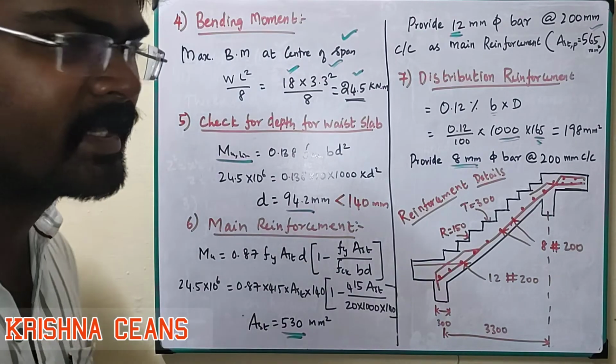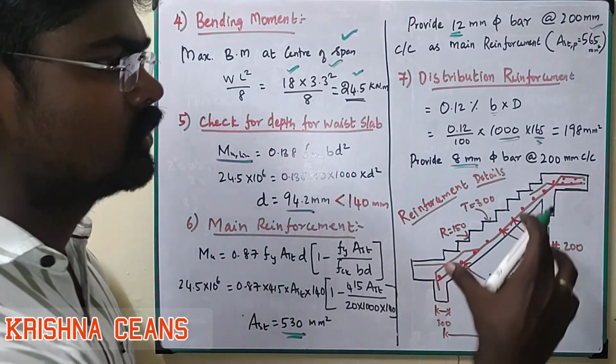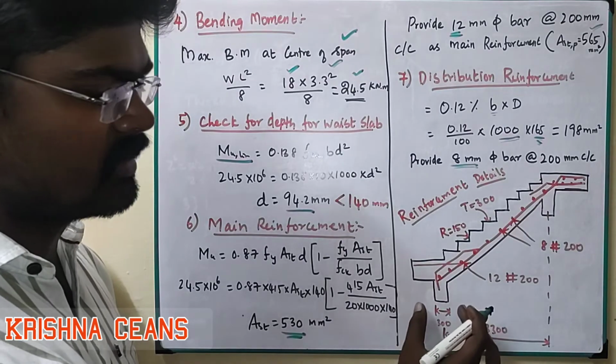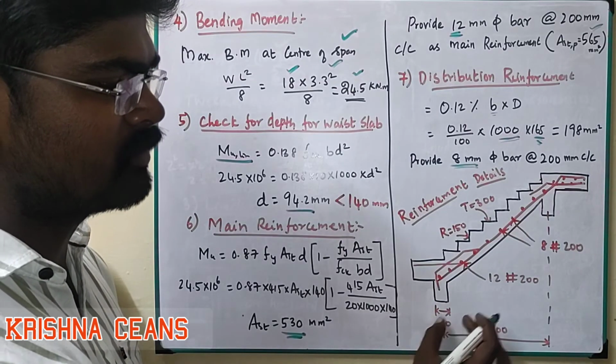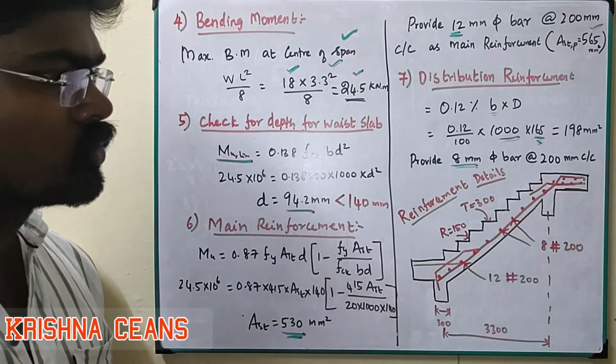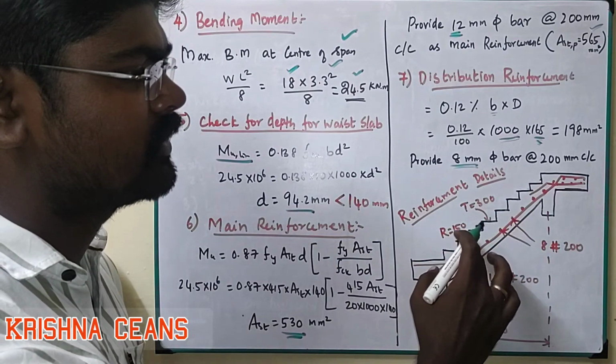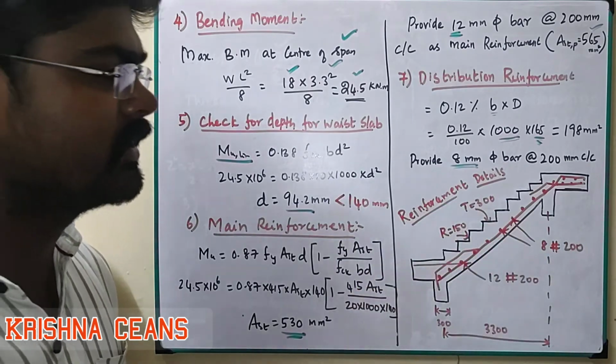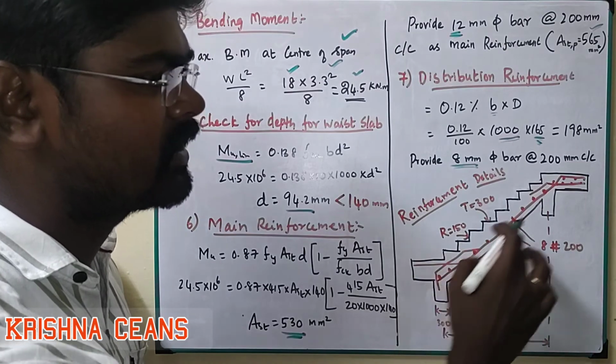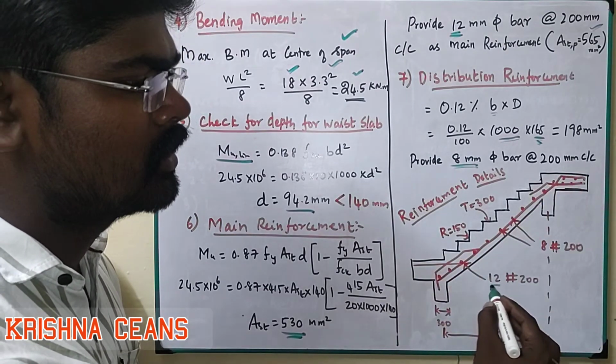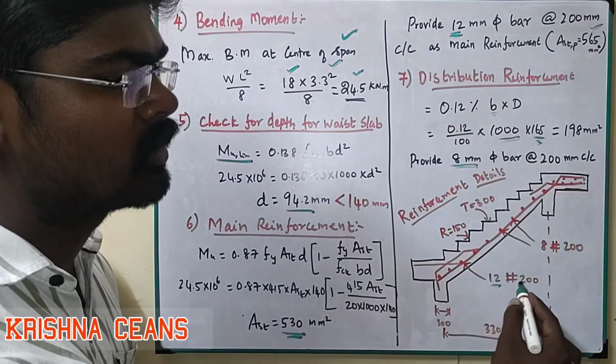So let's see the diagram of reinforcement. This is the staircase. Our slab, landing slab and beam is here 300 mm, here also 300 mm. 10 steps are there, 150 is the rise and 300 mm the tread. We provide the main reinforcement at the bottom, a 12 mm dia bar at 200 mm spacing.